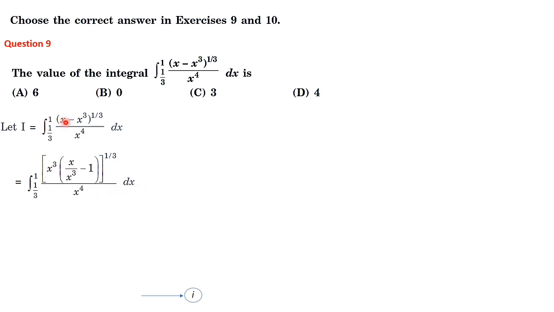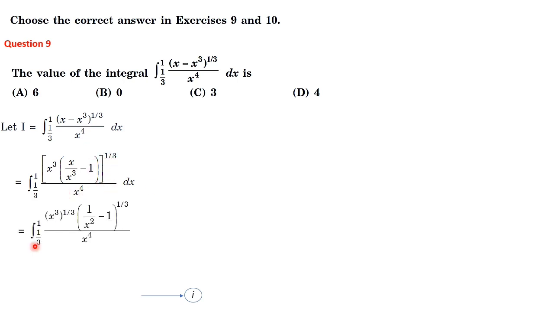Once again, in these two terms I have taken x cube outside, and since x cube is outside, the first term x, the balance will be calculated by dividing with x cube, so x divided by x cube minus x cube by x cube is 1, the whole power 1 by 3 by x power 4 dx.